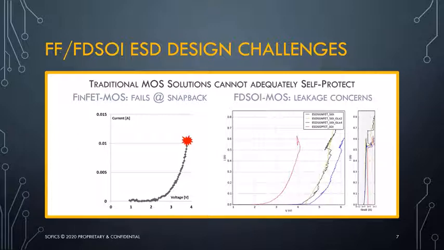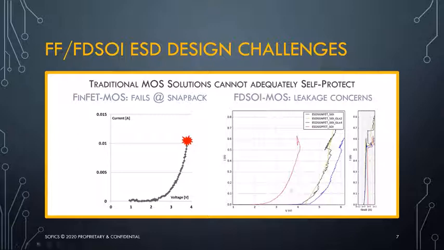For FinFET technology, I'm showing you here an example TLP curve that is nicely showing the performance under ESD, and right at the moment where a very big MOS transistor is going into snapback, basically we have a damage point, basically disqualifying this transistor as an ESD protection or self-protective device.